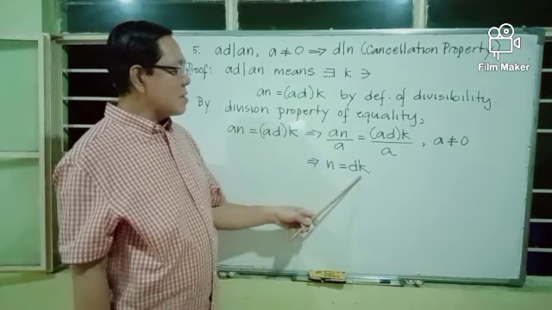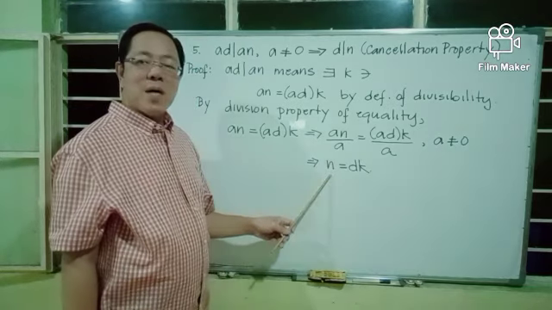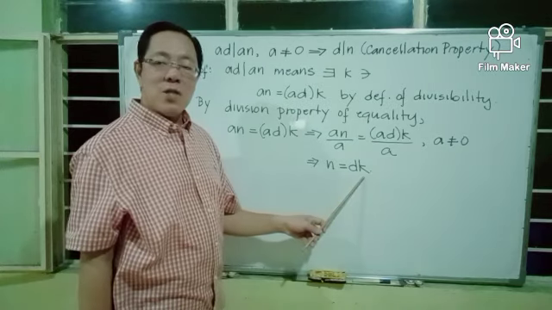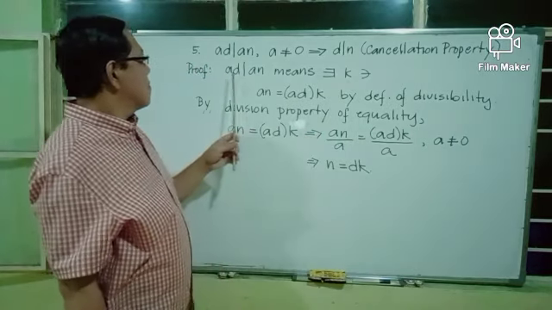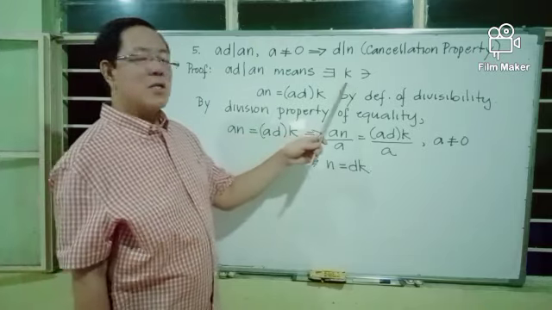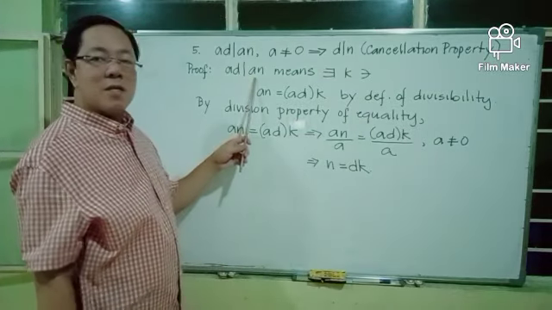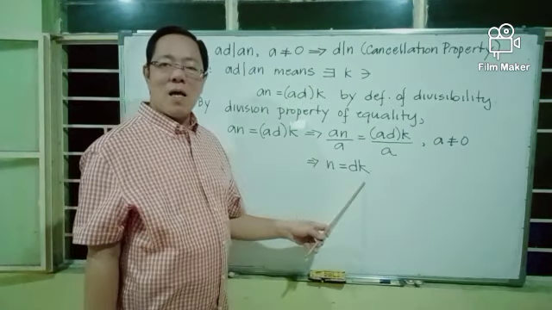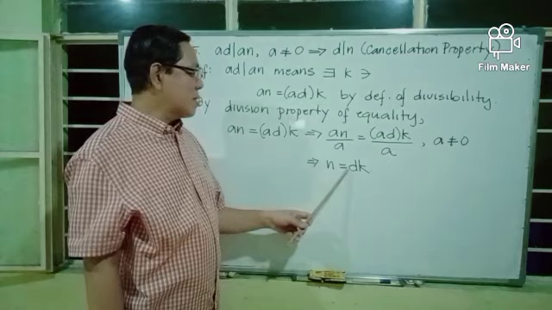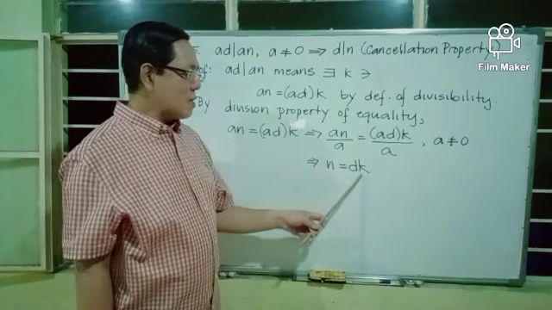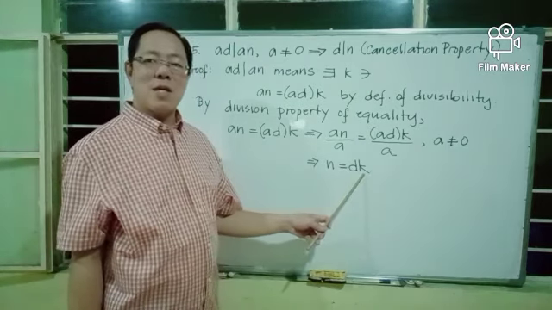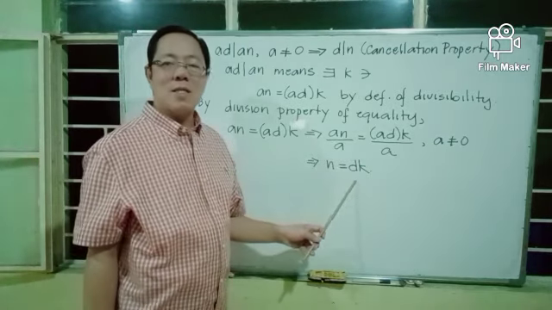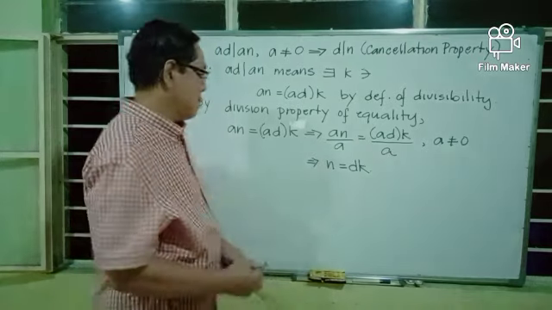And this implies that we have written the number n as the product of the divisor d and the integer k, which we are sure exists because from the given there exists an integer k such that an is equal to ad multiplied by k. Hence, from this equation, we can conclude that d divides n because there exists an integer k such that the number n is equal to the product of the divisor d and the integer k.